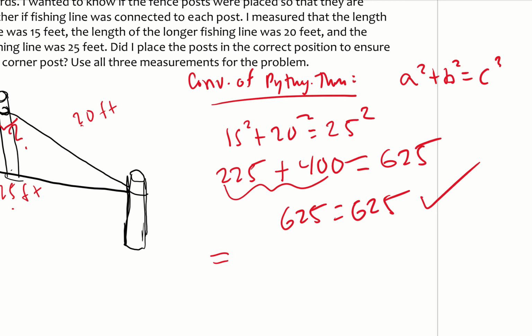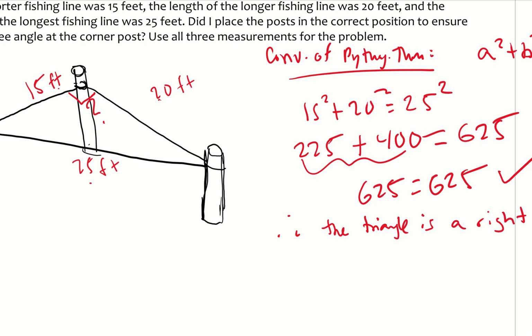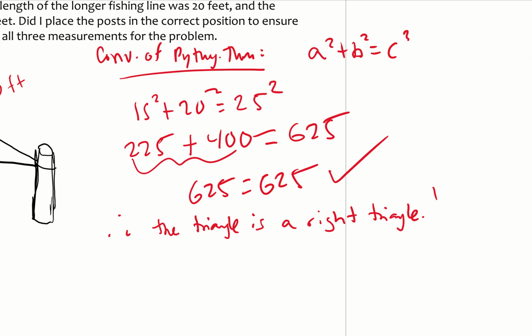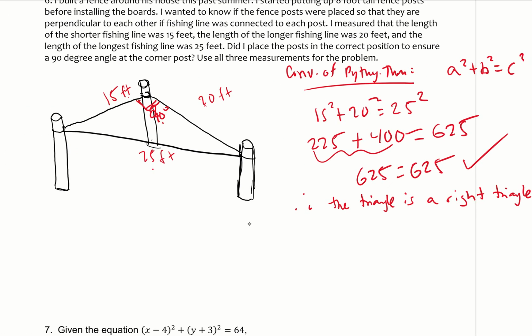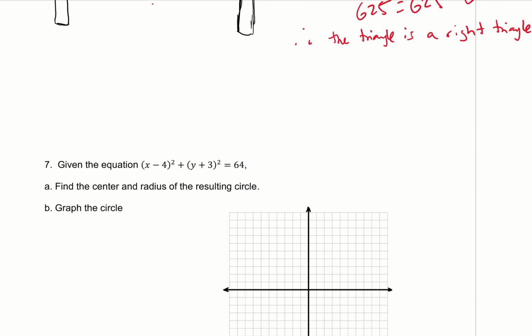And therefore, this implies that the triangle is a right triangle. And therefore, the corner here is indeed a 90-degree angle. All right, so I did place the posts correctly to ensure that they were at a 90-degree angle.